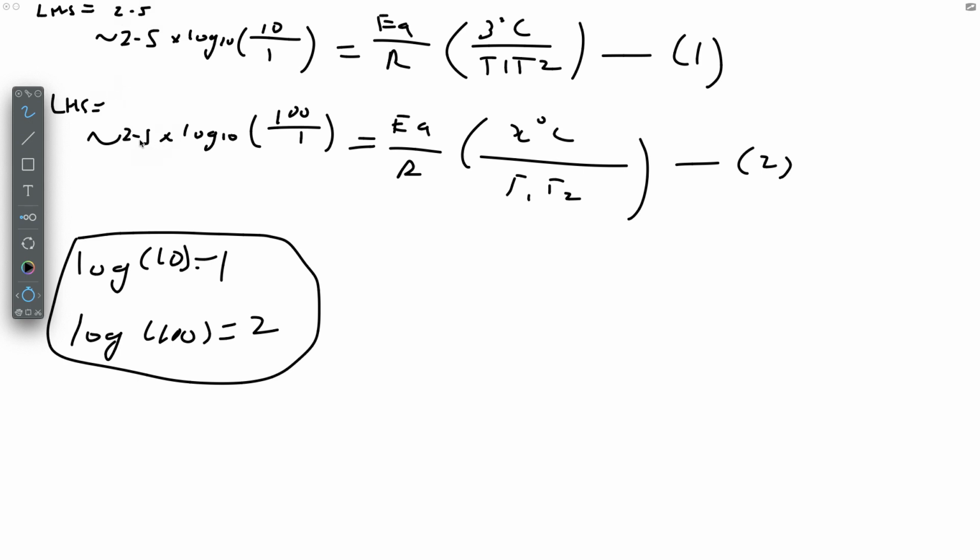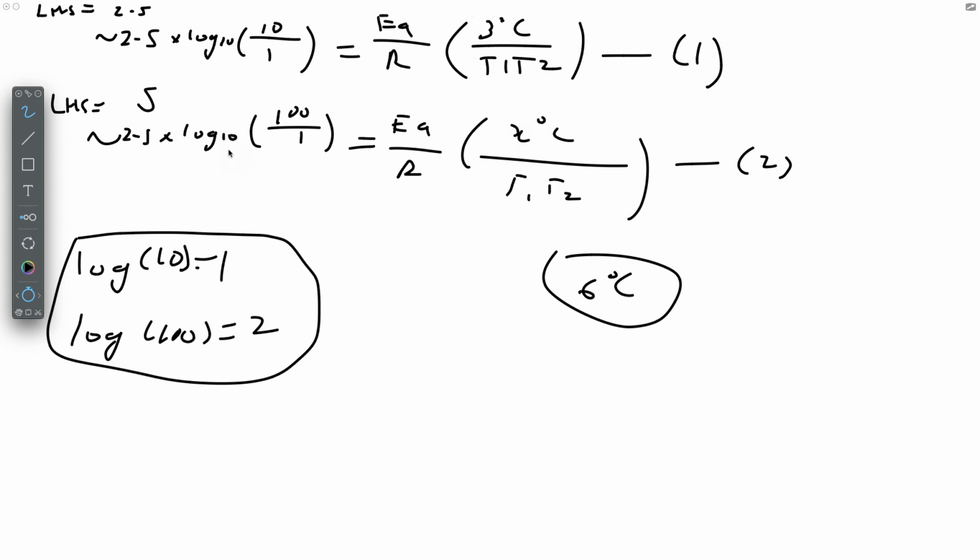The left-hand side of equation 2 is 2.5 times 2, which is 5. So can you see now that equation 2's left-hand side is double equation 1's left-hand side, which means equation 2's right-hand side has to be double equation 1's right-hand side. Therefore, the temperature has to be 6 degrees because 3 times 2 equals 6, because it's double.